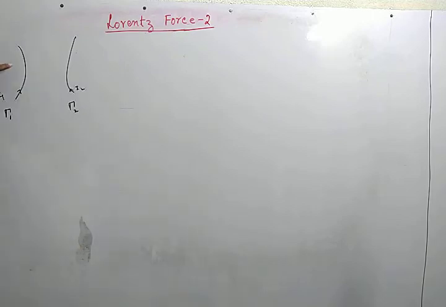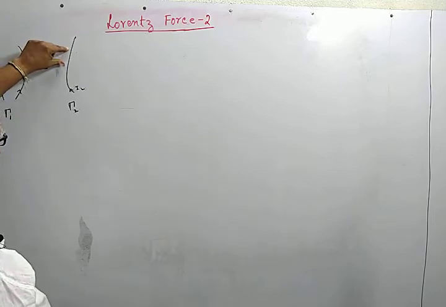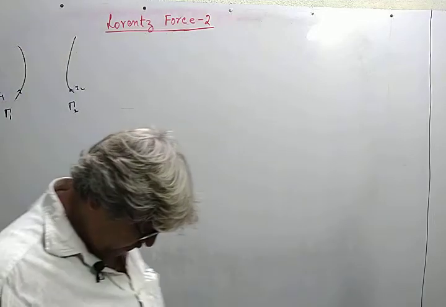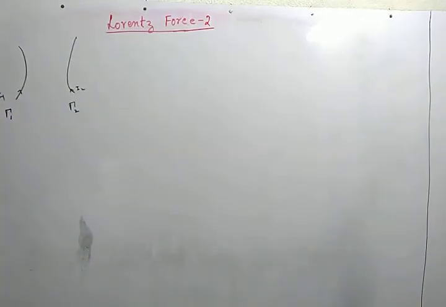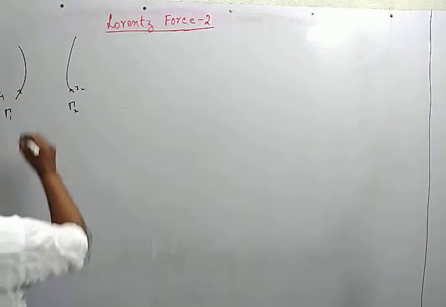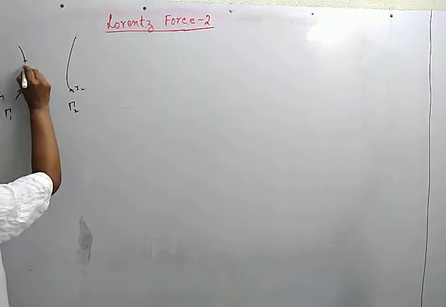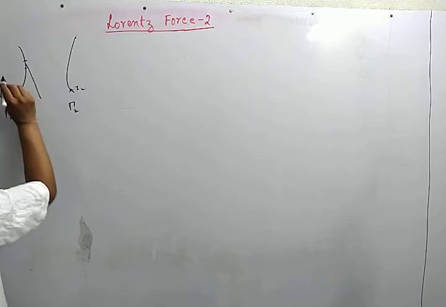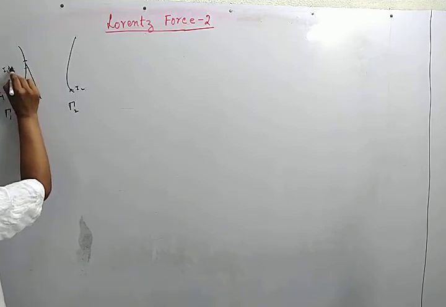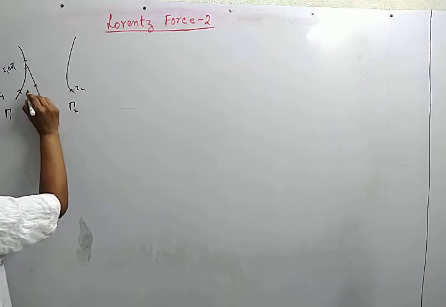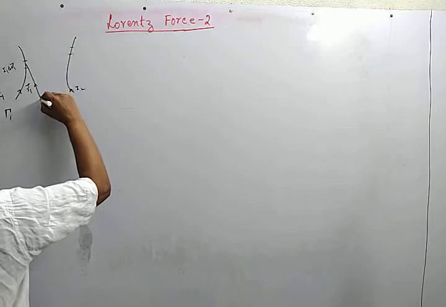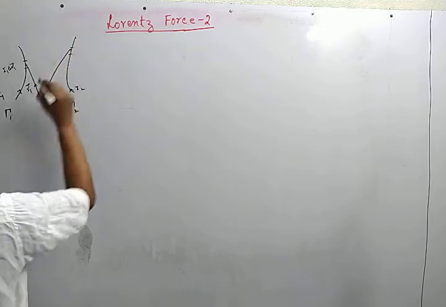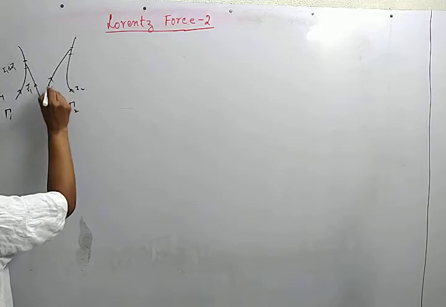Our objective is to find out what is the force that acts on a current element I2 dr2 on tau 2 due to a current element I1 dr1 on tau 1. So we consider a current element. This is I1 dr1, where r1 is the position vector, and this we have r2.